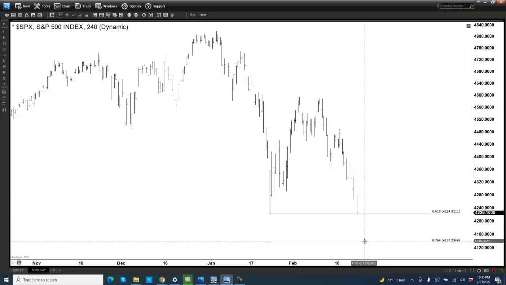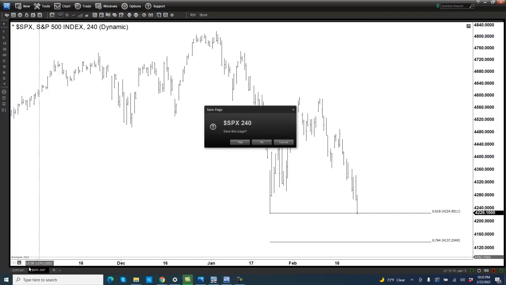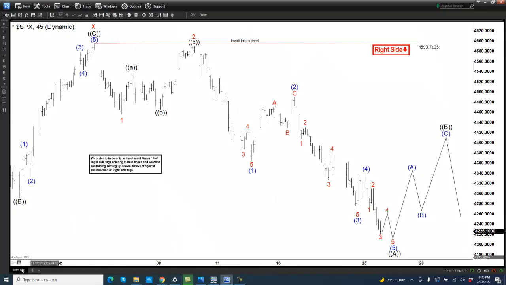Below 41.37, the S&P goes straight to 39, 37, even 36 area. That's the S&P. The most significant point here is that it has what is called a bearish sequence, and that the sellers are in full control, and that it should be bouncing if it takes the WXY.